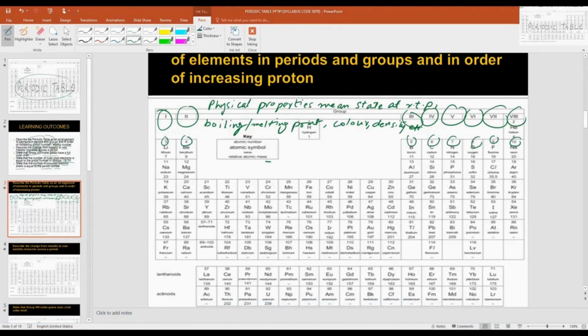The periodic table can be used to predict the properties of the elements. There are so many elements, therefore it becomes mandatory to classify them.